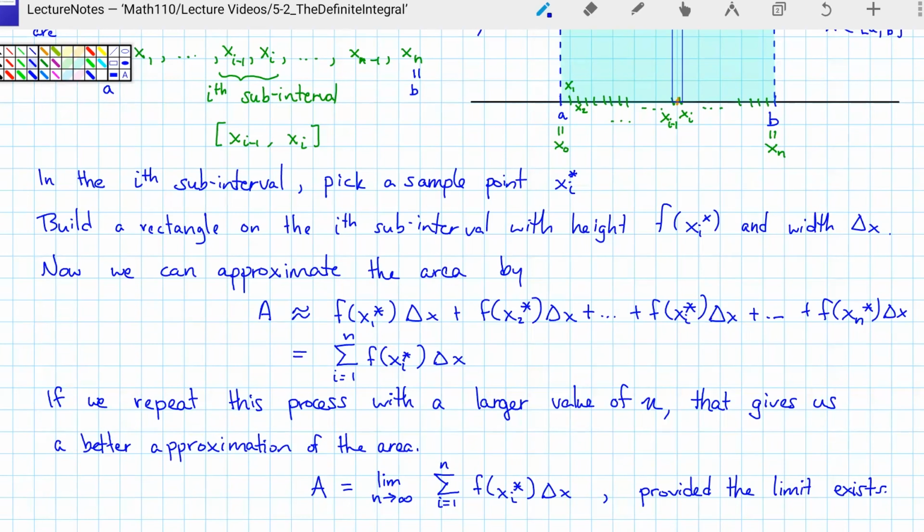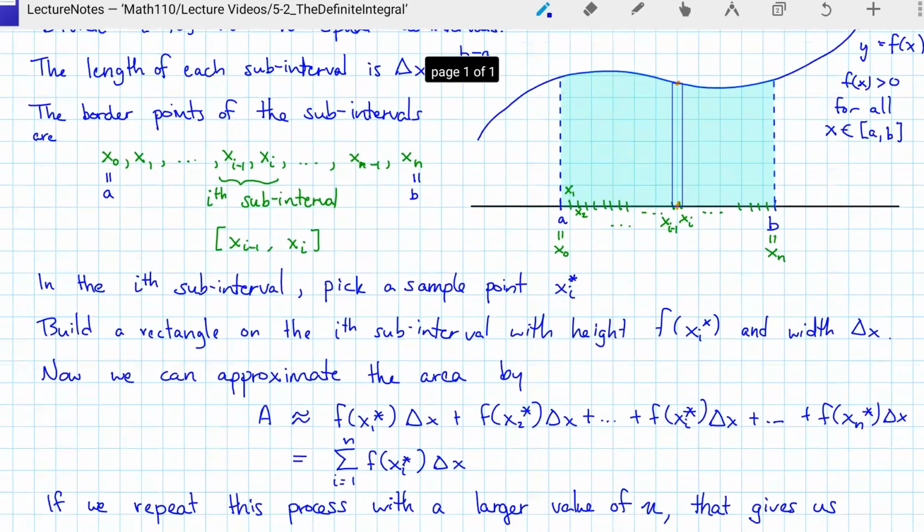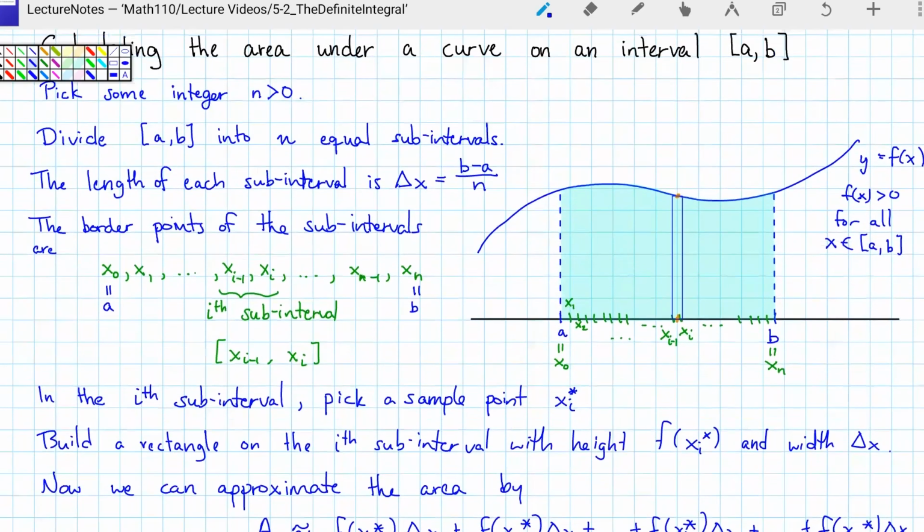But I want to just take a moment to review what we did. We're calculating the area under this curve. It's this kind of wonky, curvy area that we don't have a reference for from our geometry. So we slice the area up into a bunch of slices, and then we approximate each slice with the area of a rectangle.